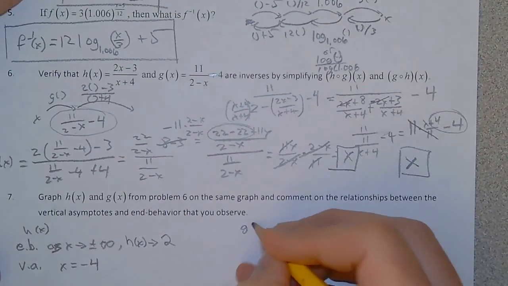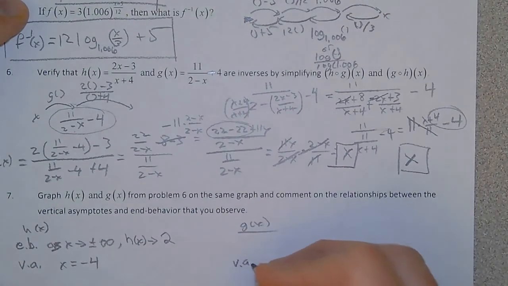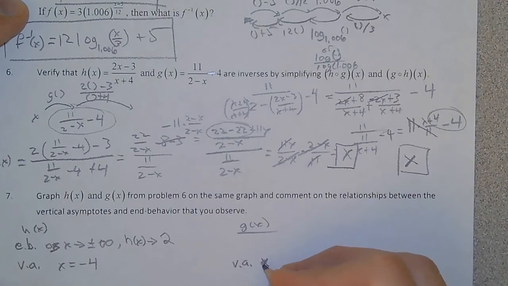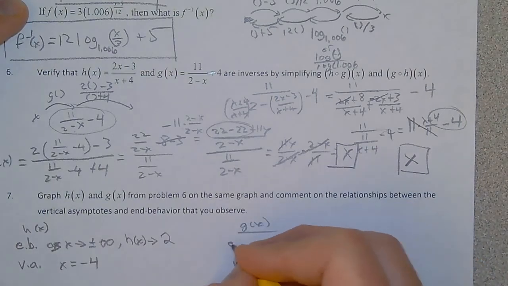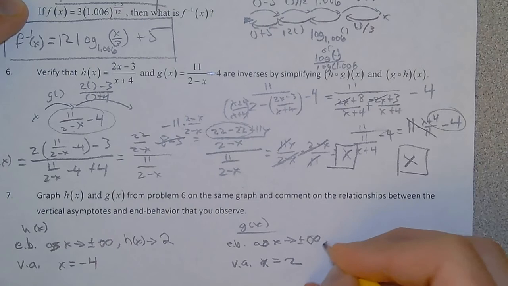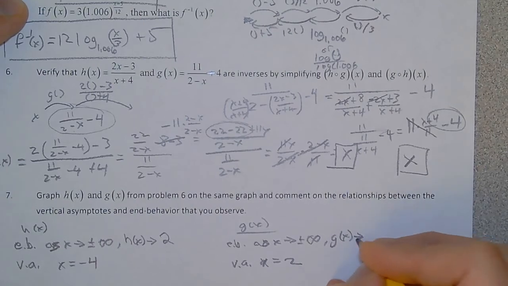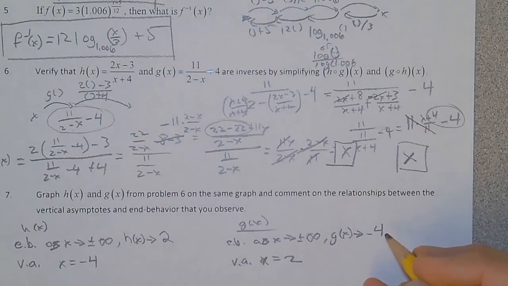For g of x, it has a vertical asymptote at x equals 2, and its end behavior is that as x goes to either positive or negative infinity, g of x is going to negative 4. So it has a horizontal asymptote at negative 4.